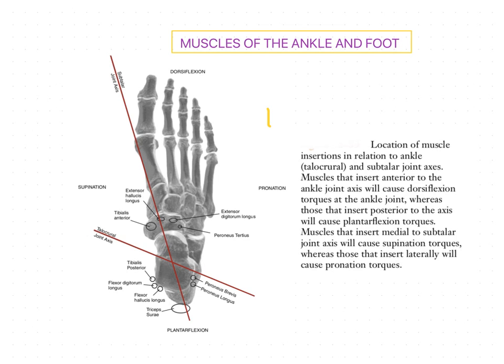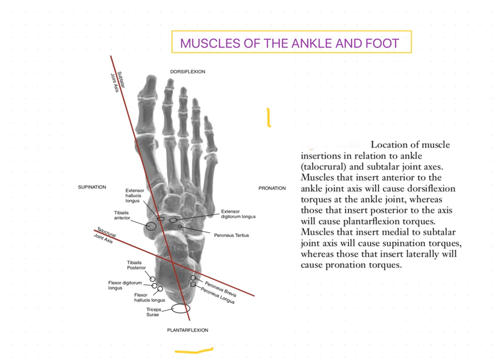Now, different muscle locations are mentioned in this picture, along with the axes. Based upon their location in relation to the axis, the functions of these muscles are going to change.